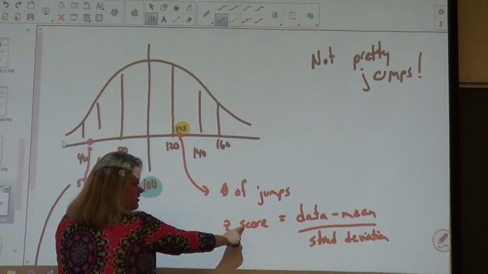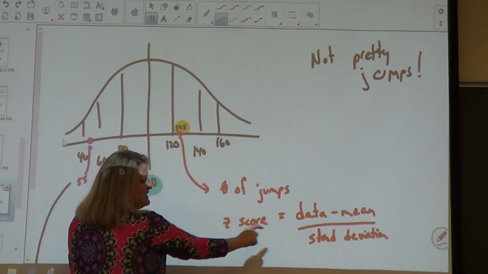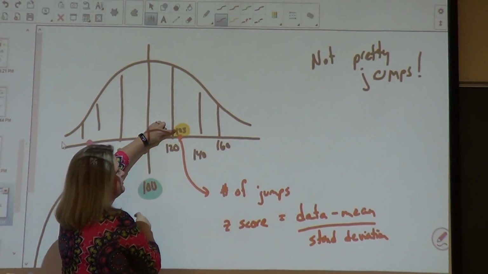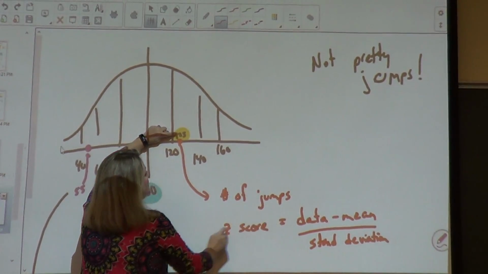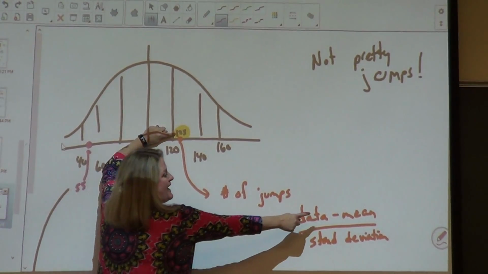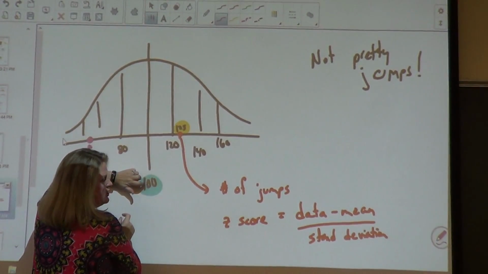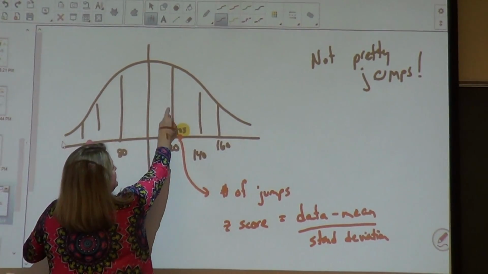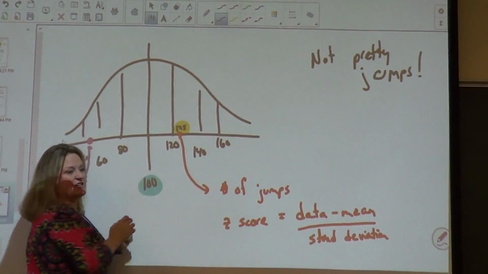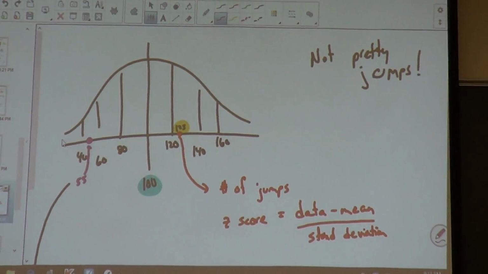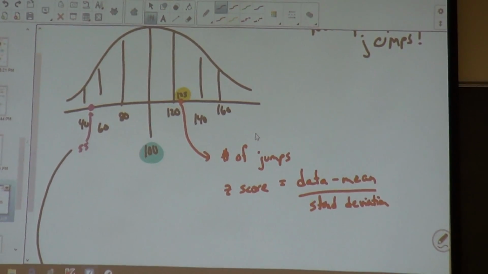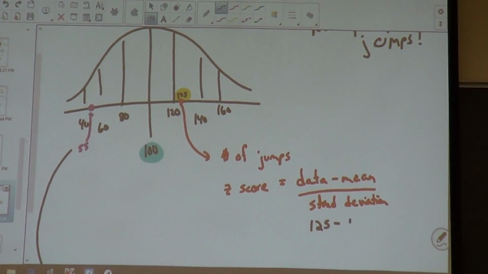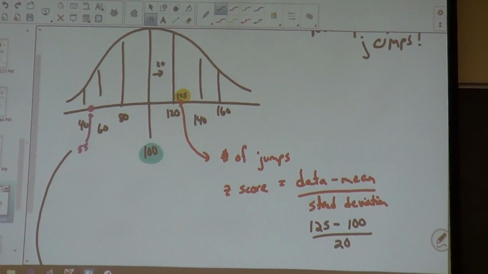It says z-score equals data minus mean over standard deviation. So for example, your data is your point. My data would be 125, minus my mean, which is 100, over my standard deviation, which is the size of my jump, 20.